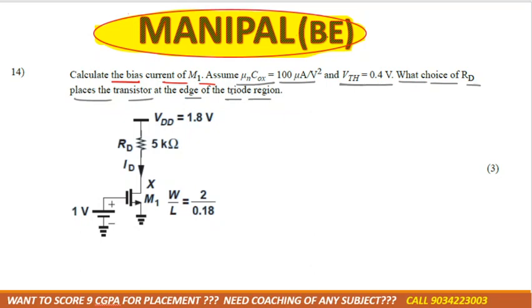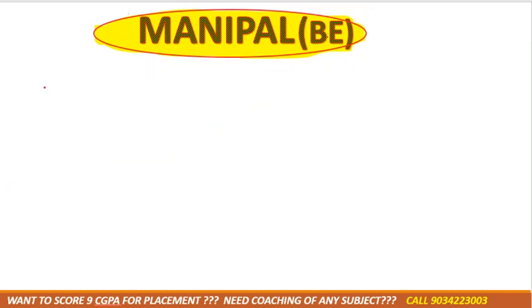Okay. So basically in the MOSFET we'll have different types of region. Remember I told you active region, saturation region. So basically they are calling the active region as a triode region. There are three types of region in the MOSFET.